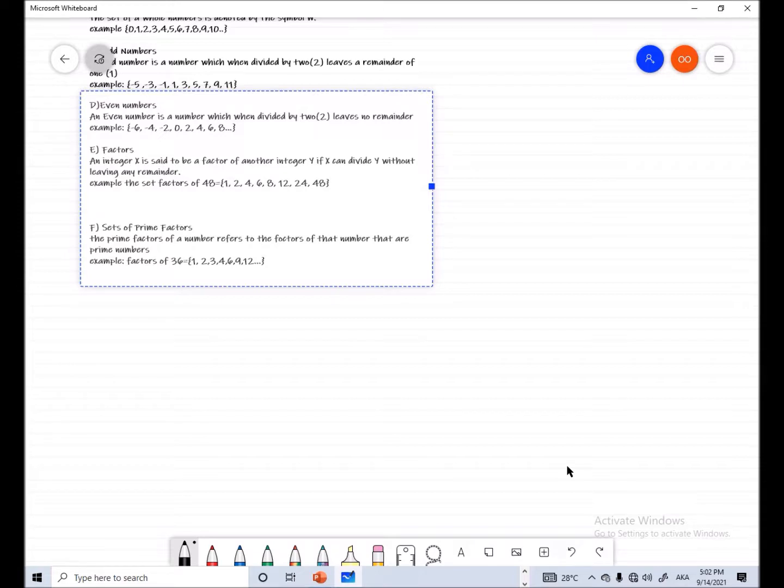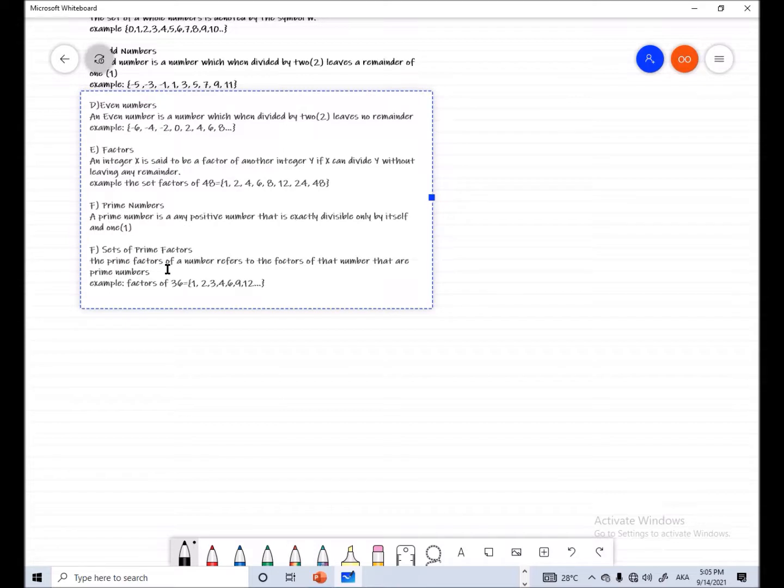A prime number is any positive number that is exactly divisible only by itself and 1. Any number that can be divided only by itself and 1 is said to be a prime number.